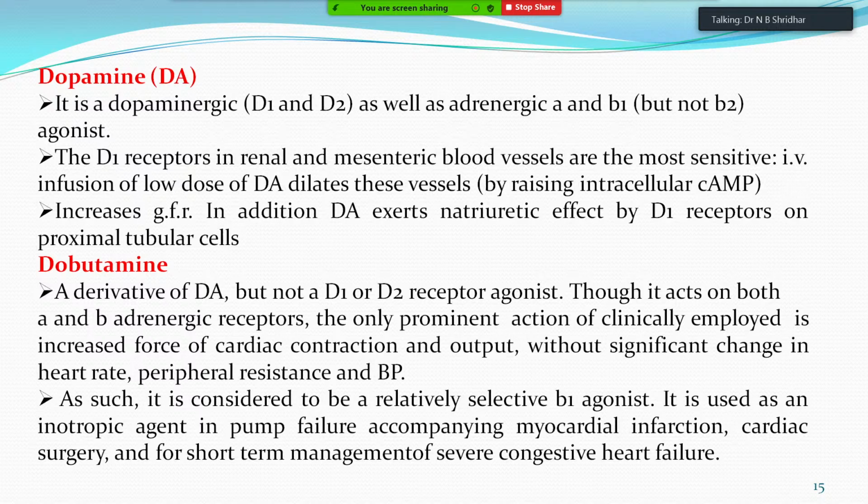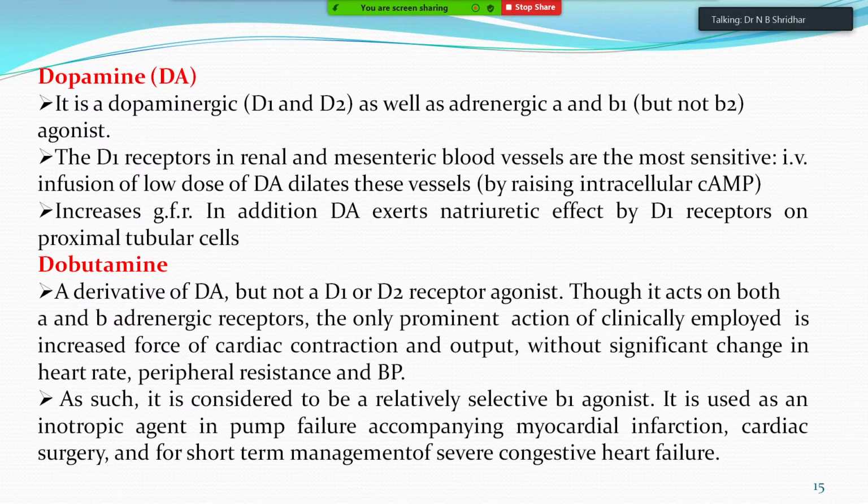There is a small difference, one carboxyl group or some hydroxyl group change, between dopamine and norepinephrine, but it makes a lot of difference. So it increases the glomerular filtration rate, especially in the kidney, and in addition, dopamine causes a natriuretic effect by dopamine receptors on the proximal convoluted tubule of the kidney.